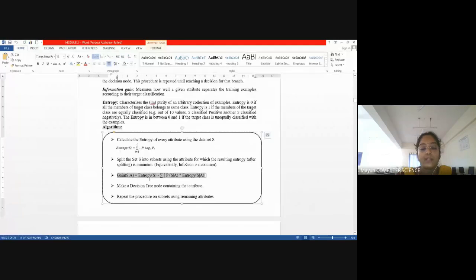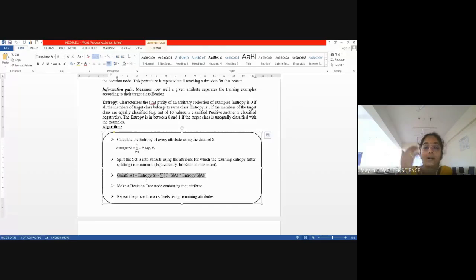What is given in this formula is the entropy of S. First of all, I have to calculate the entropy of the complete samples. A small hint I have given you regarding entropy: in my data set, out of 14 samples, which I told you in the last class, if 7 are positively classified and 7 are negatively classified, meaning equally classified, then entropy will be 1, which is the highest error rate.